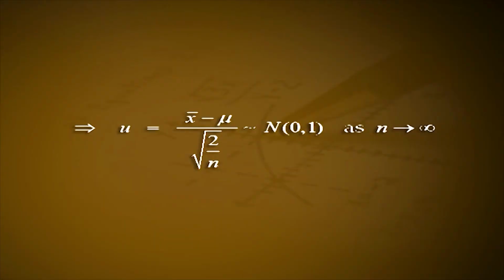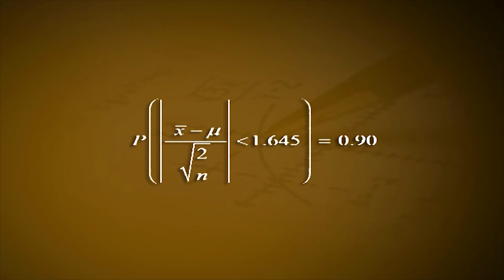Then by central limit theorem, x1 plus x2 etc. plus xn follows normal n mu, 2n for large n. This implies x bar follows normal mu, 2 divided by n. This implies u equal to x bar minus mu divided by square root of 2 by n follows N(0, 1) as n tends to infinity.